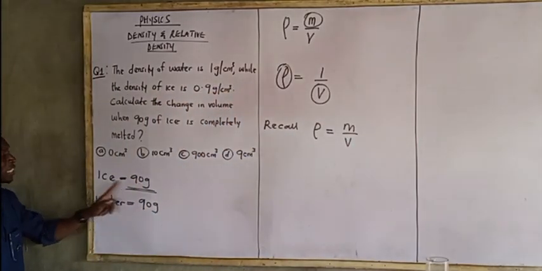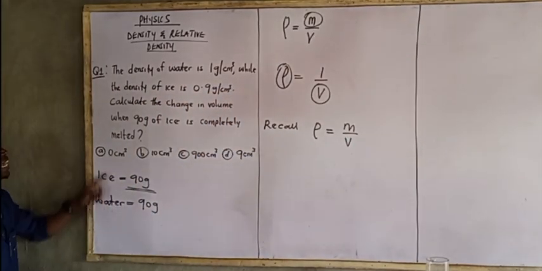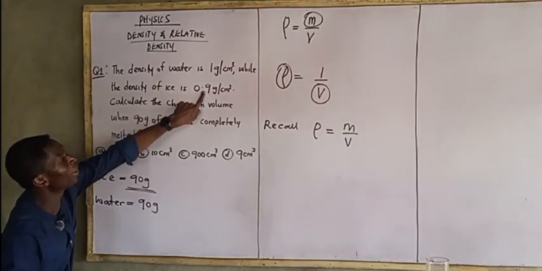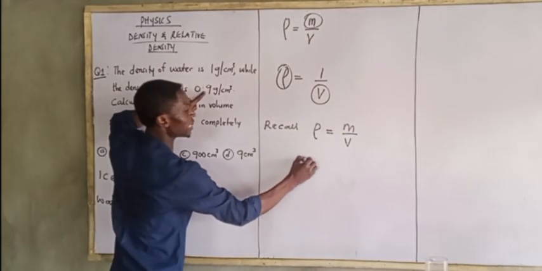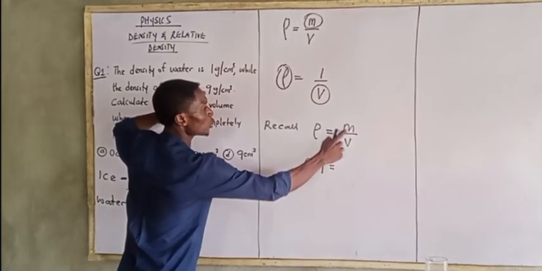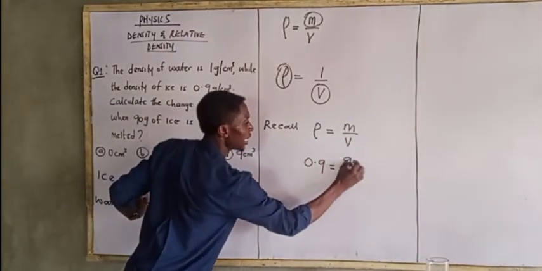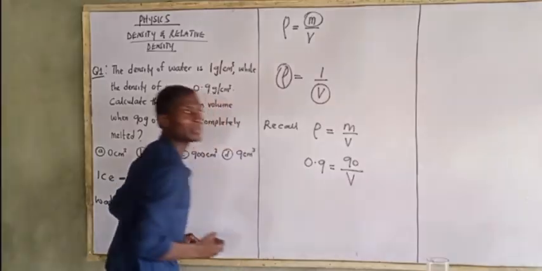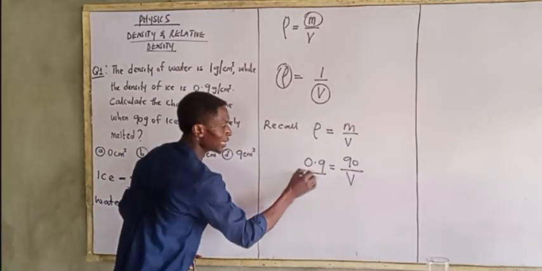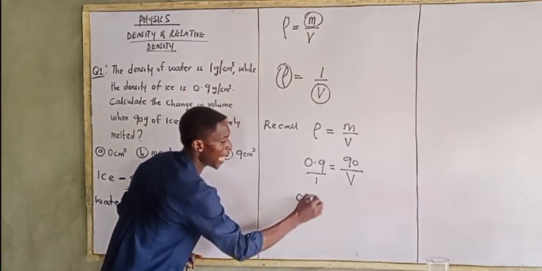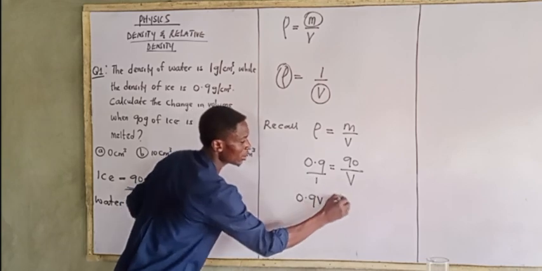Now, this 90 grams is for what substance? Ice, right? And ice has what density on the board? Density 0.9 is equal to the mass, the given mass of the ice, 90 grams, over the volume, let me call it V. So we have 0.9 V equal to 90.